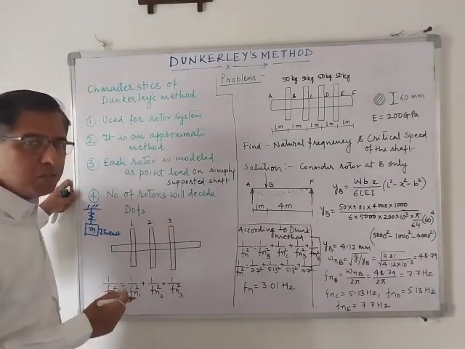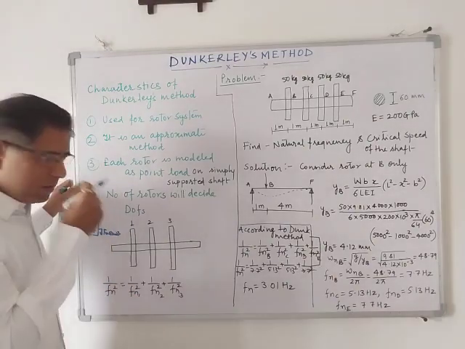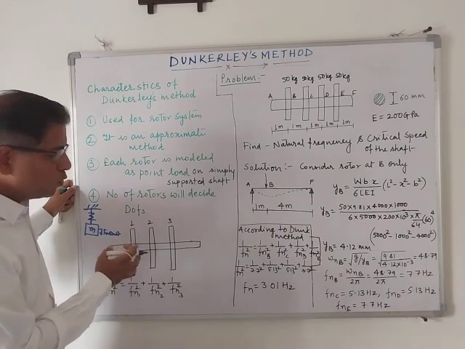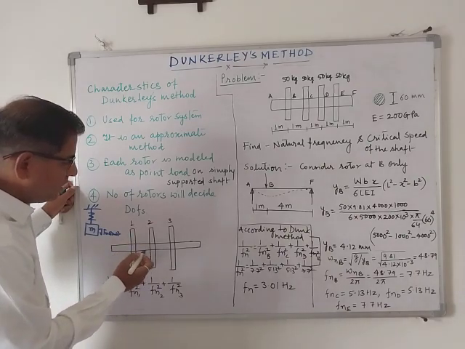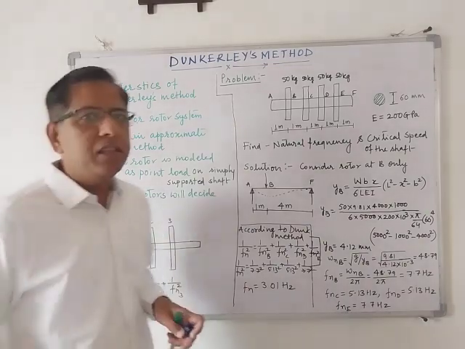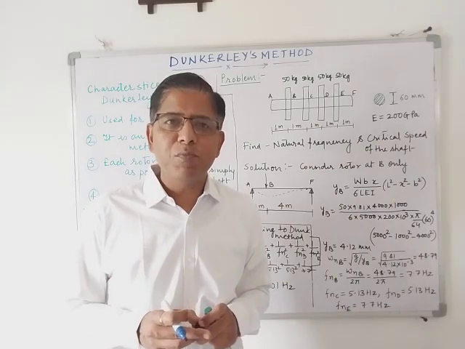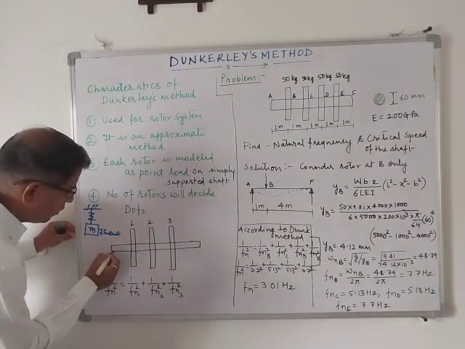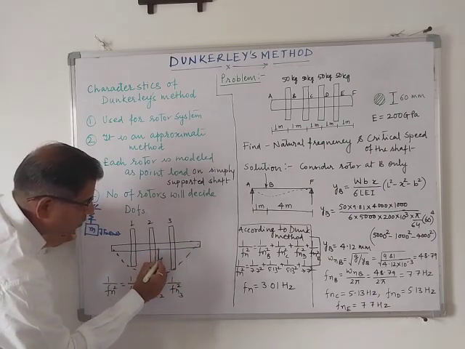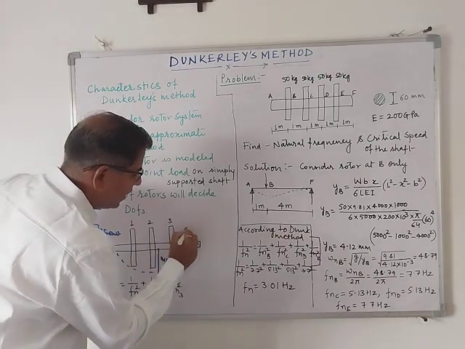The shaft will have some static deflection, and in dynamic condition, when the shaft starts rotating, the deflection goes on increasing. So if you increase the speed, the deflection will increase, and the shaft will reach a critical speed where the deflection because of the rotor will be maximum. That speed of the shaft is called critical speed.